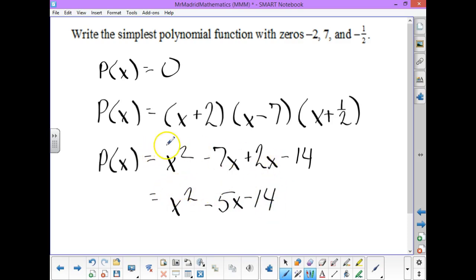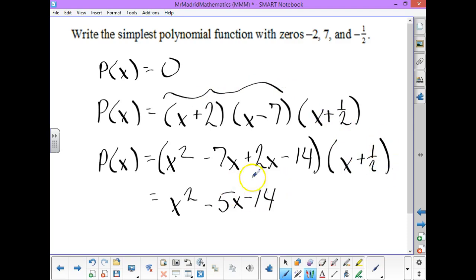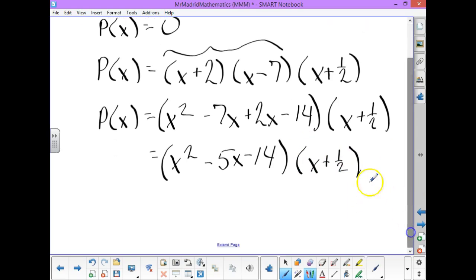Now, this is this portion right here, so I can't forget to include this guy. Bring him along. From this step to this step, I've simply combined like terms. And now the only thing left to do is take this binomial and multiply it into this trinomial.